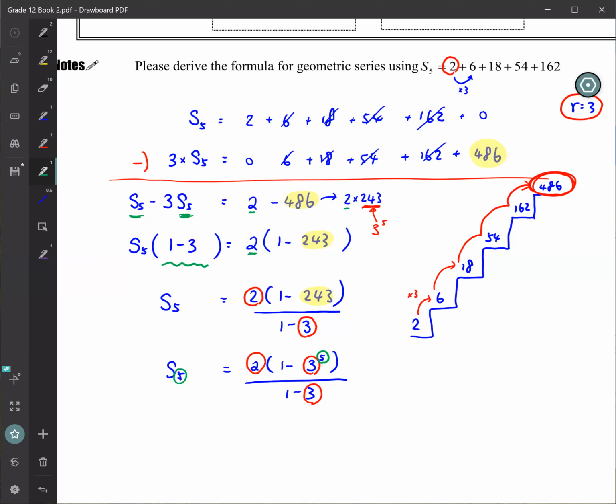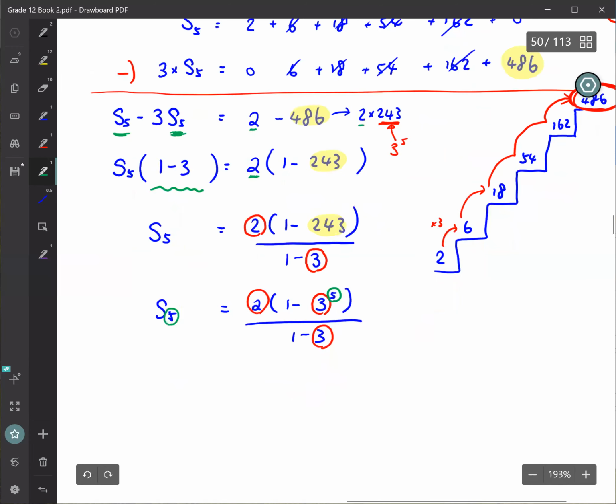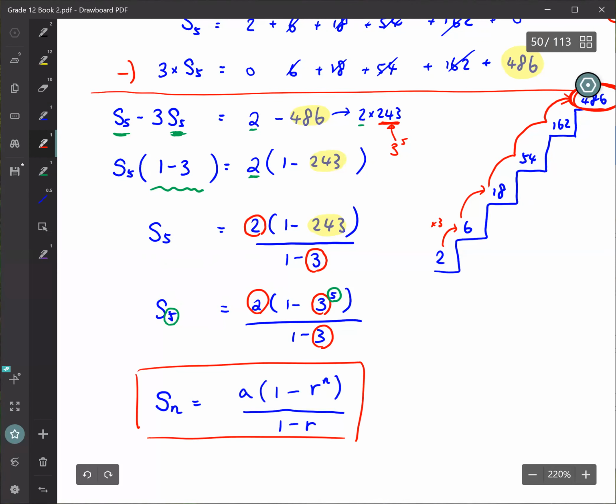All right, so we got everything we need. And 1 is always 1, okay? 1 minus is always there. Okay, so let's write it out in general form then. If I want to find Sn, it will be A, the first term, times 1 minus the ratio, to the number of terms you want to add up, divided by 1 minus R. All right, so this is our first formula.